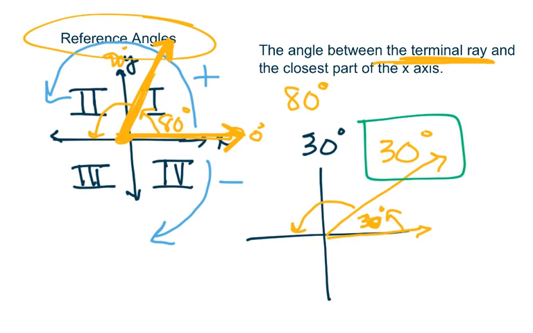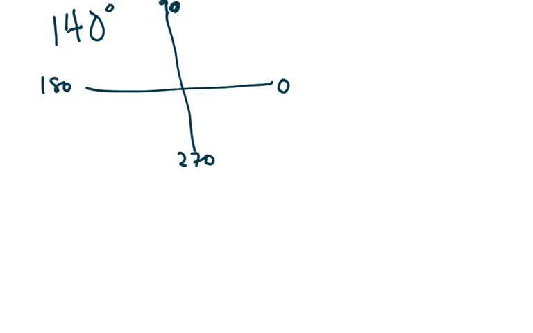Let's say I want to do 140 degrees. Then if I draw 140, again I'm going to start on my initial side, 0. I go up to 90. 140 is 50 past 90, so it's going to be somewhere like here.